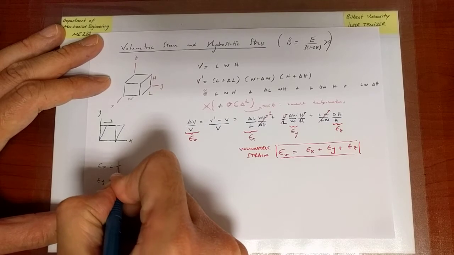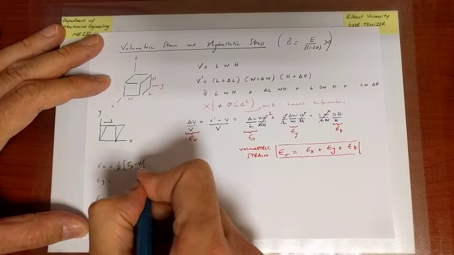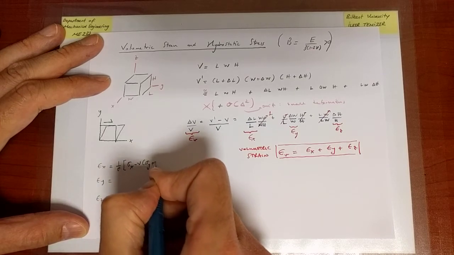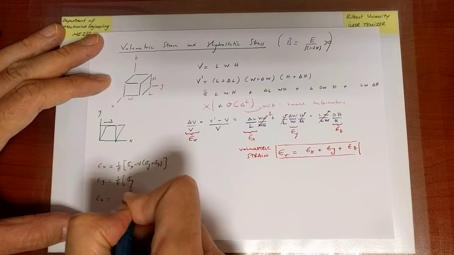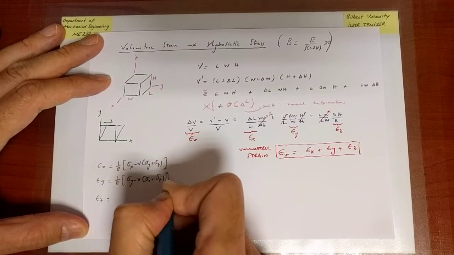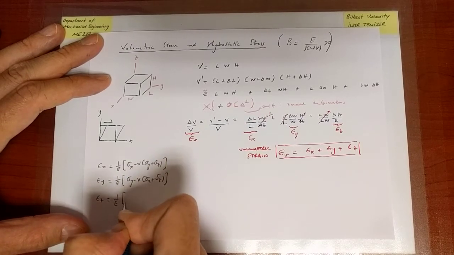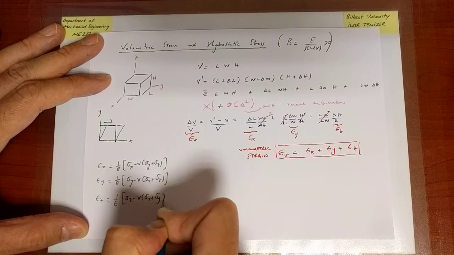So epsilon x is 1 over E, stress in the corresponding direction minus the Poisson effect, nu times the sum of the stresses in the remaining two directions. So epsilon y is 1 over E, sigma y minus nu, sigma x plus sigma z, and epsilon z is 1 over E, sigma z minus nu, sigma x plus sigma y.